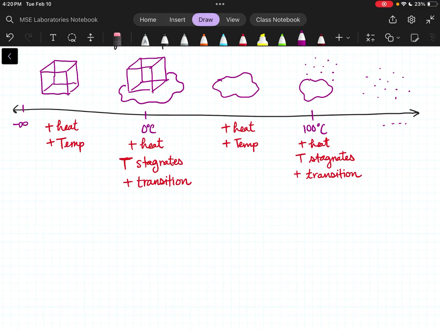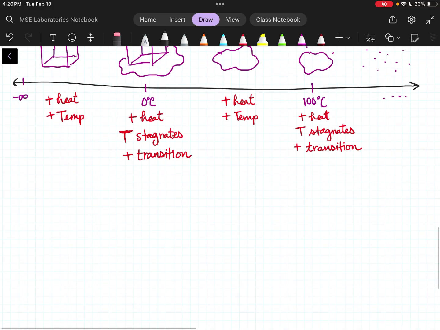Okay, any questions about what's happening here? Nope. Let's recreate this then inside of a DSC. So the setup of a DSC is I have 2 crucibles. Each crucible is sitting on a sensor, and these are temperature sensors. I have 1 crucible that is my reference.